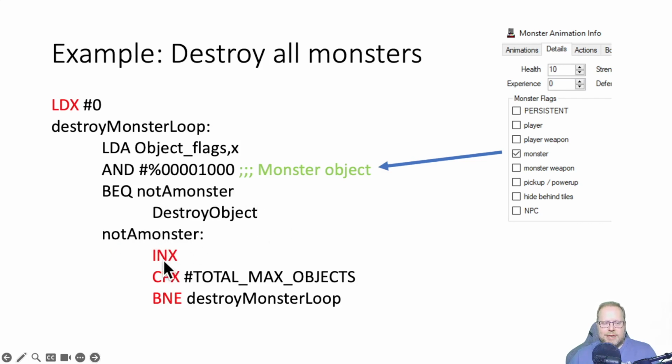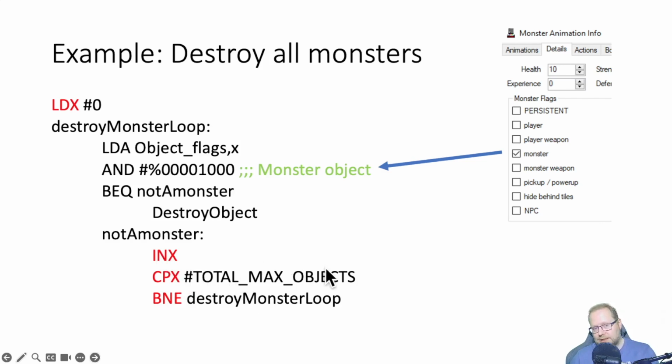And then we say increase X by 1, so X goes up by 1. Then I'm comparing X with total max objects. Now total max objects, that's a NESmaker thing. That's the maximum objects that you can have in a game. I think it's 13 by default. So we're comparing X to that number.